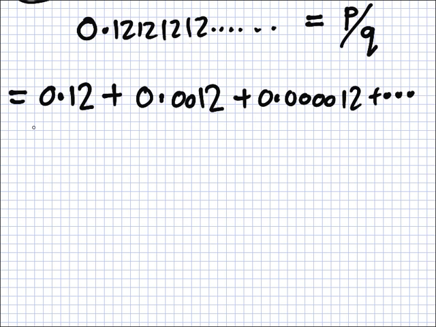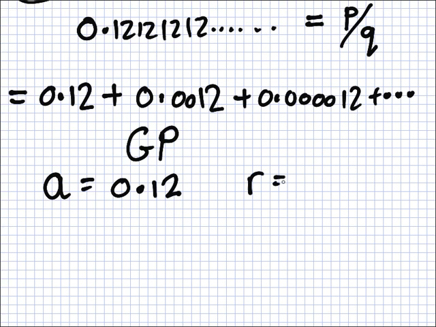Now, when you look at this, you realize this is actually a GP, where a is equal to 0.12 and r is equal to 1 over 100. So what we need to calculate now is S infinity, which we haven't really talked about.